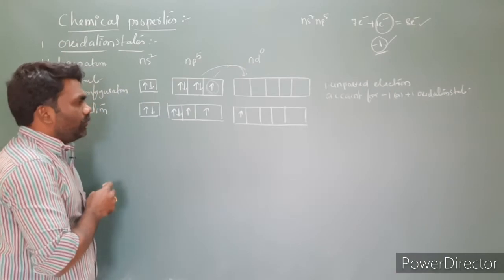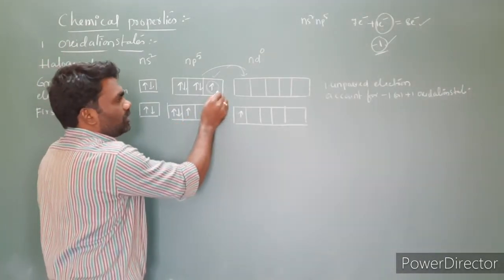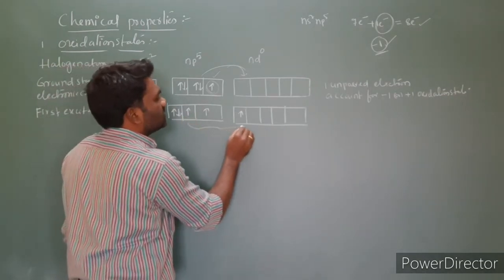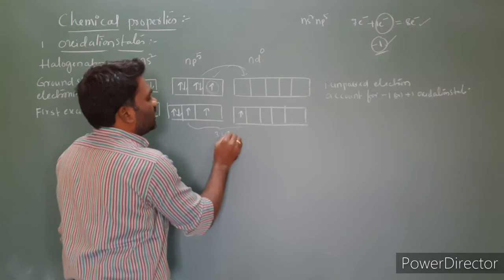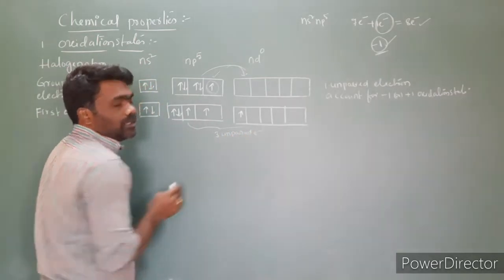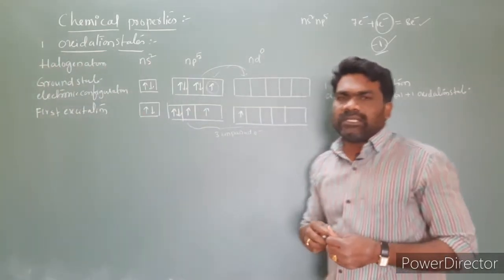By looking at this, how many unpaired electrons are there? In the first case only one unpaired electron was there. Here is one, here is the second, here is the third. There are 3 unpaired electrons, and 3 unpaired electrons account for the +3 oxidation state.